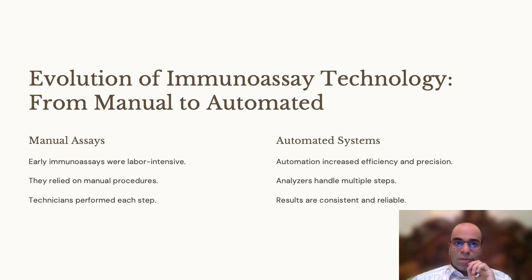Modern systems incorporate barcode tracking, automated quality control, data management, and integration with laboratory information systems. High throughput capabilities enable processing hundreds of samples per hour while maintaining precision and minimizing hands on time for laboratory personnel.